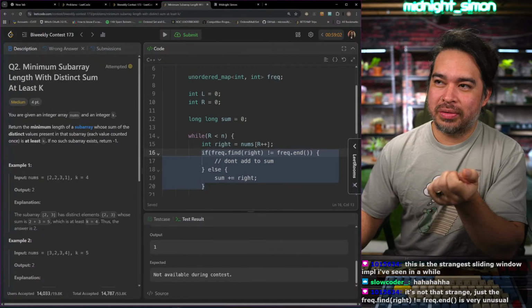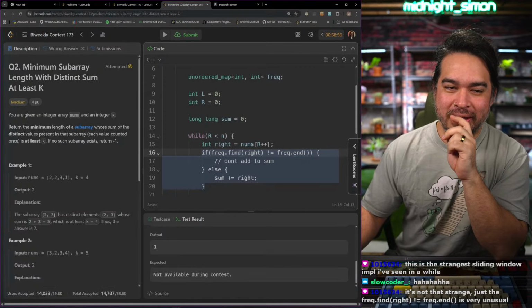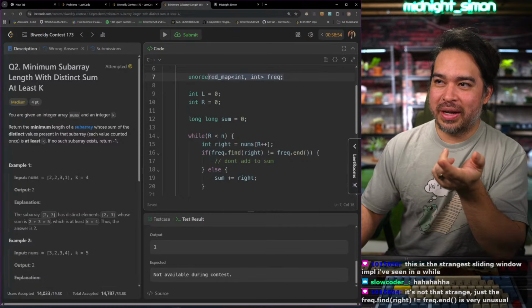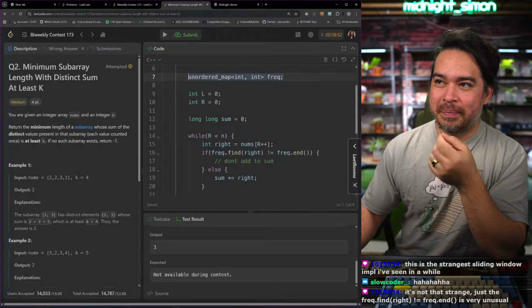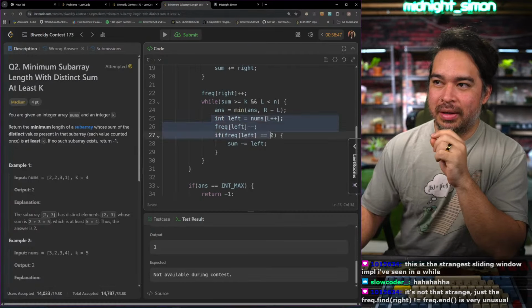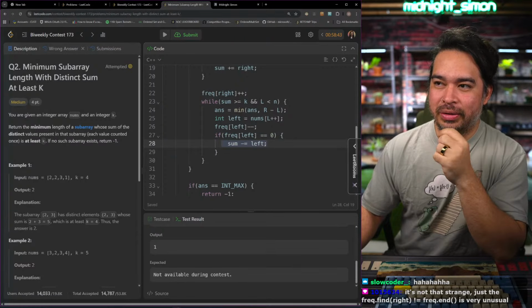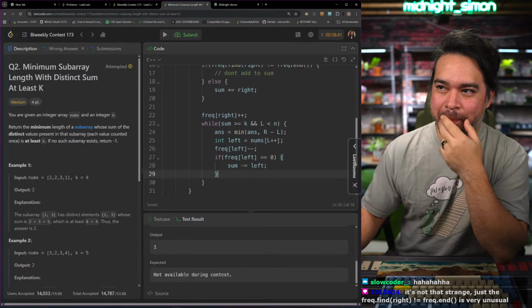I suppose a multiset would be better here, but I'm not super familiar with the syntax for a multiset. So I just use a regular unordered map as like a multiset, and if it gets to 0, I do something.